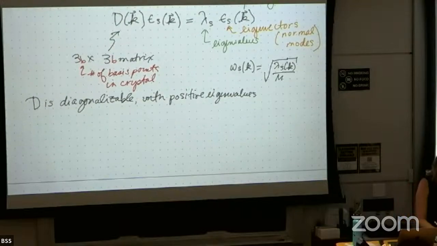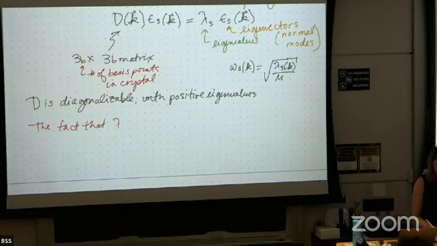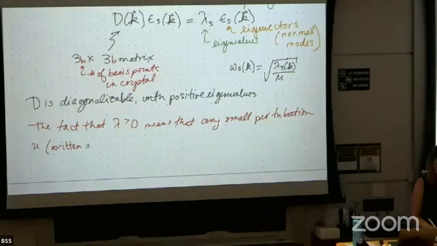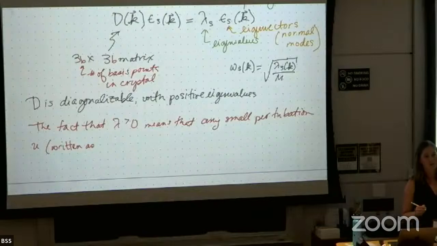And the fact that lambda is greater than 0 means that any small perturbation U can be written as the sum of these normal modes, because the other part of the math theorem is that those modes span the space, right?